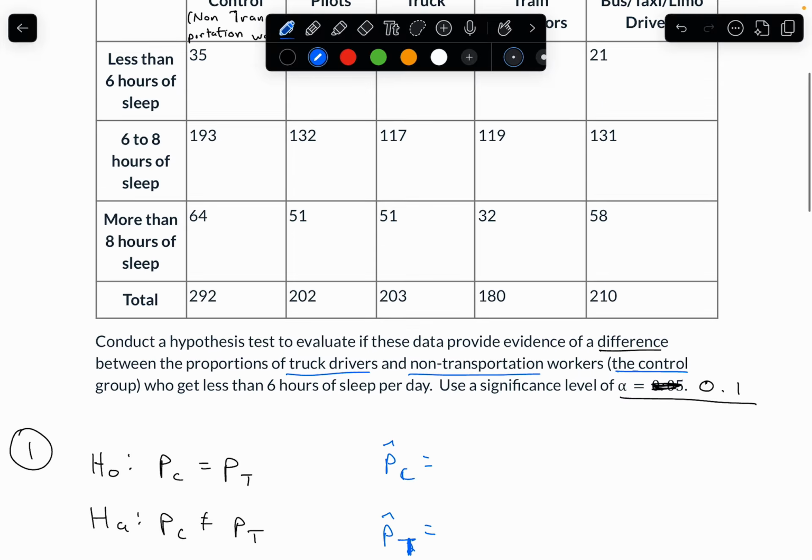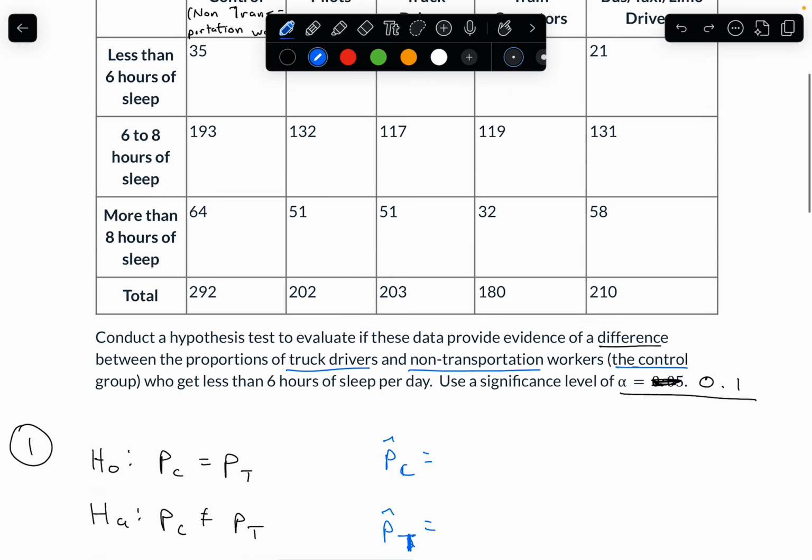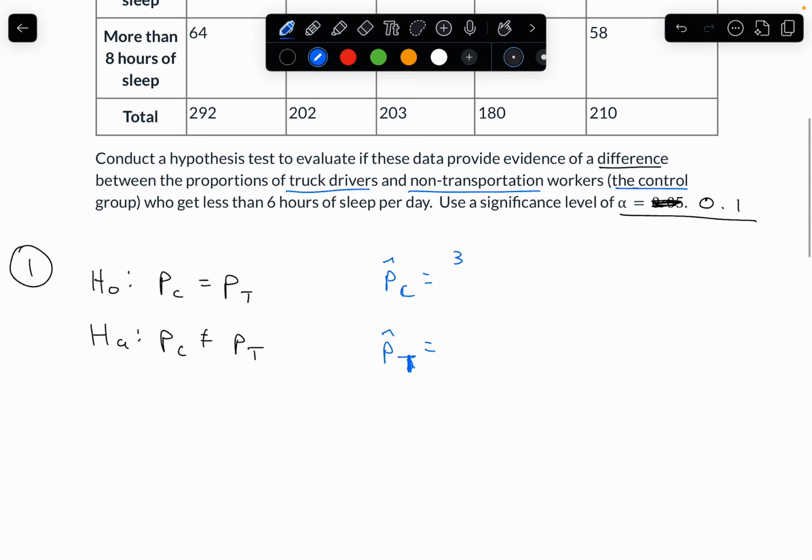For my control group, we had 35 workers with less than 6 hours of sleep out of 292. So 35 divided by 292. If I divide that out, I end up with 0.1199. I'm going to round to 4 decimal places just to be safe.